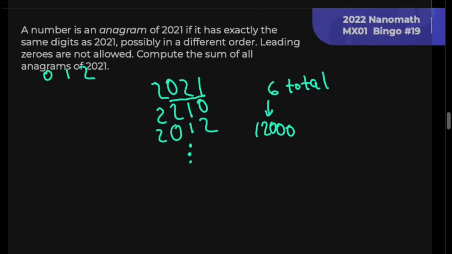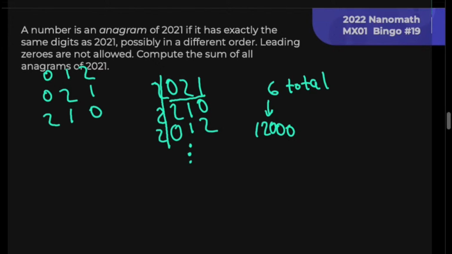So it was like 0, 1, 2, 0, 2, 1. And it's pretty easy to see that out of the 6 of these, each sum would have to be 6, right? Unless I'm not doing something right.